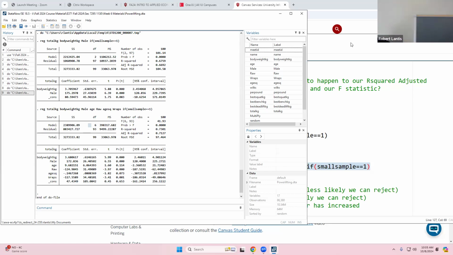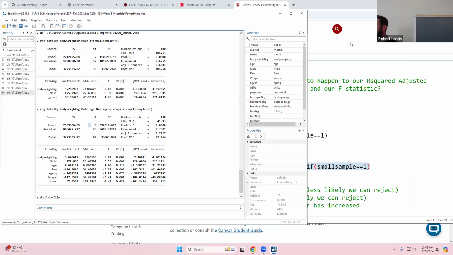Right? So it is true that adding in more restrictions is going to have some downward pressure on your F statistic. But remember, when I'm adding more variables in, what is it more likely now? I've added in variables that are really good at explaining that Y variable. Okay? So it must be that allowing age to have this age squared, not to just be linear, that's something we'll dive into after this exam. But also adding in this assistive equipment, whether or not they could use these wraps, right?